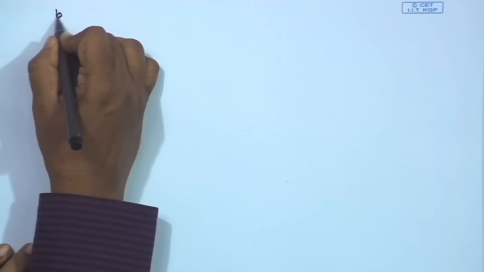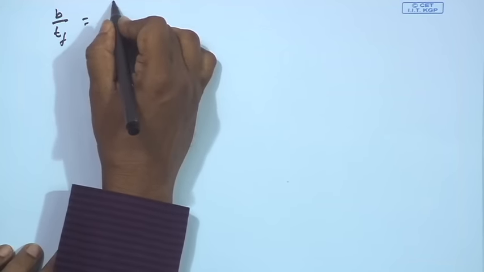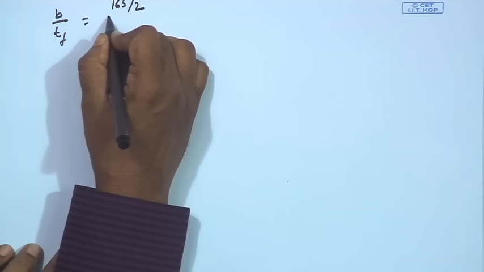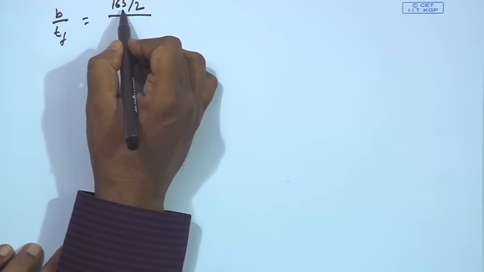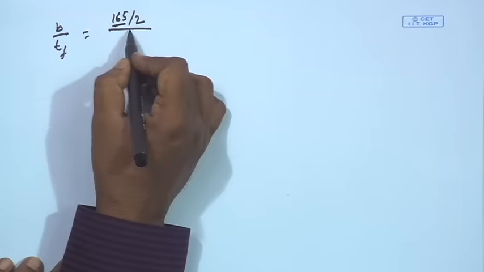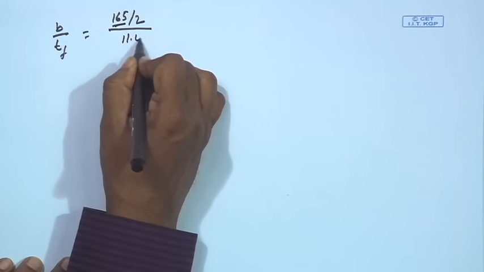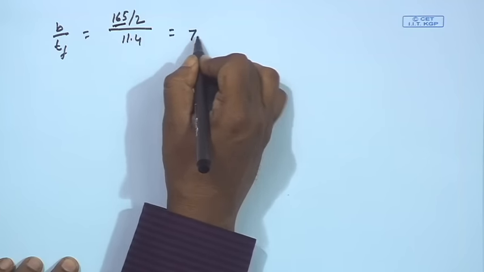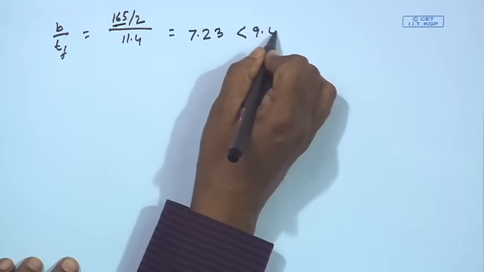Now, we have to classify the section as plastic, compact or semi compact. For that we have to find b by Tf. Here b means the outstanding portion, which is 165 by 2, since the width of the flange is 165 mm, so half of that is b, and Tf is 11.4. After calculating, we get 7.23, which is less than 9.4.